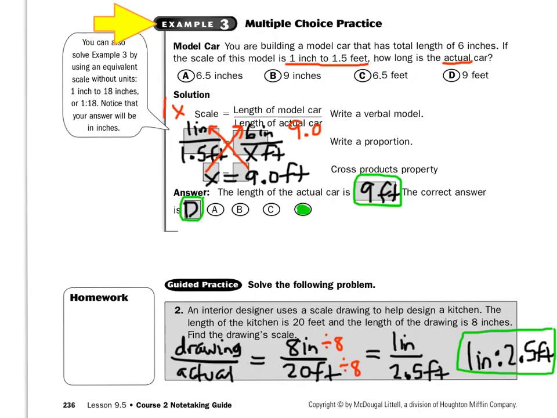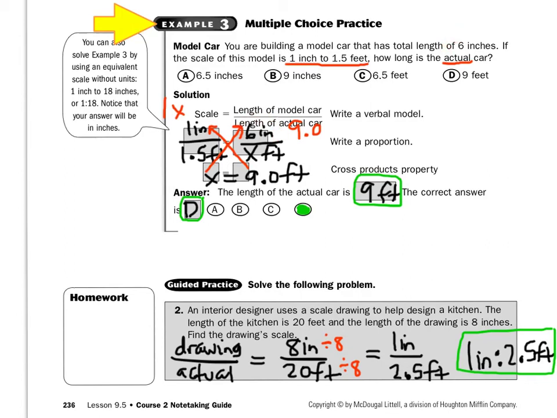Okay, so take a look at example 3 with me. A model car. You are building a model car that has total length of 6 inches. If the scale of this model is 1 inch to 1.5 feet, how long is the actual car? So let's always start with the scale, okay? The scale is the length of the model car over the length of the real car. So we start off with 1 inch compared to 1.5 feet, then put your equal sign, put a fraction bar, and then the 6 inches, obviously that's not real life, that's just the model.